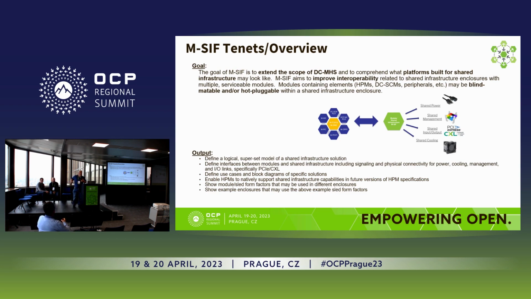So we heard from Paul on what DCMHS is about, the building blocks and what we're trying to do. Then we heard from Rob about some of the challenges we face. When you start something new, obviously not everything's great, and we're working through those challenges, evolving those things and moving them to next generations. Now, this particular topic, we coin it as shared infrastructure.